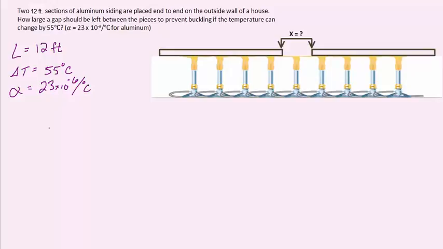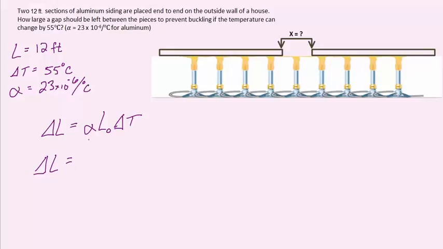So if we look at our equation for linear expansion, we see that our change in length is equal to our coefficient of linear expansion times our original length times our change in temperature. Given 3 out of our 4 variables, we can solve for our change in length.